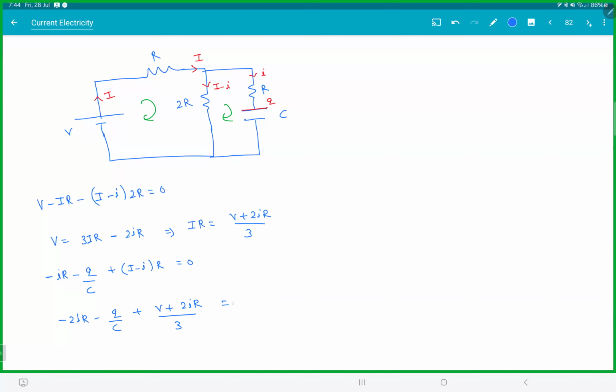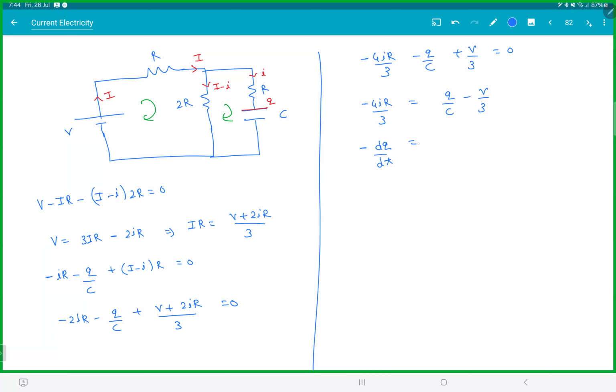Hope I'm right. Then simplify that, and the equation would be: Q by C is equal to minus 2 plus 2 by 3, minus 4iR by 3 minus Q by C plus V by 3, equal to 0. So 4iR by 3 is equal to Q by C minus V by 3. i will be dq by dt, so dq by (Q by C minus V by 3) is equal to minus 3 dt by 4R.